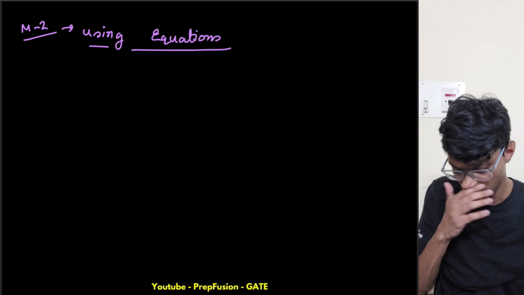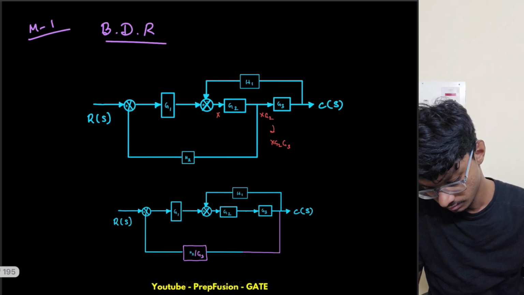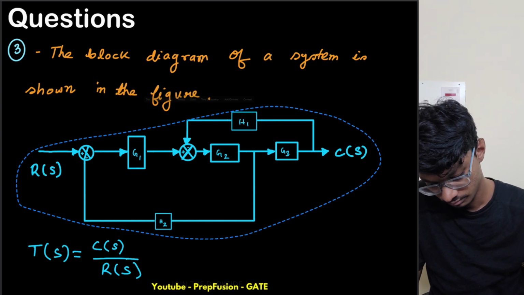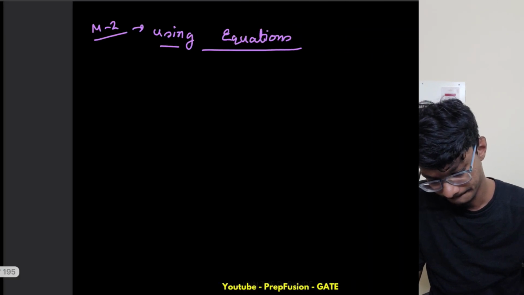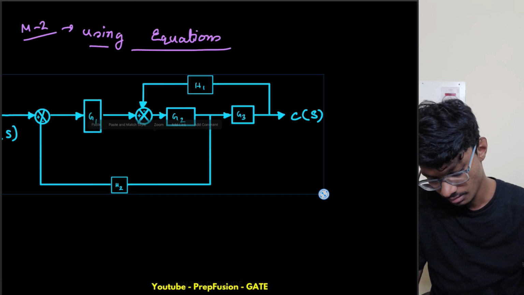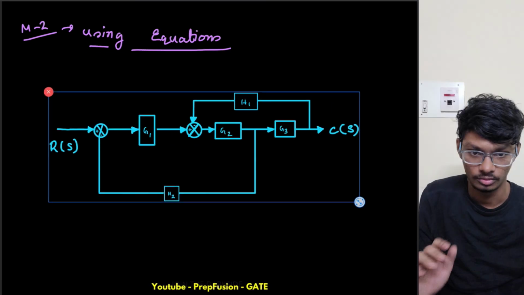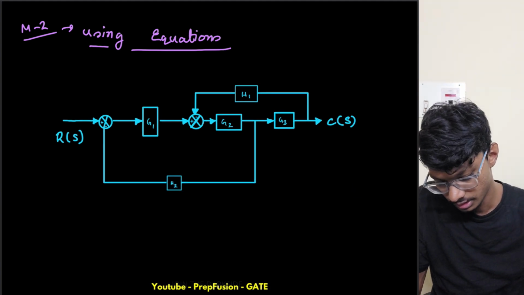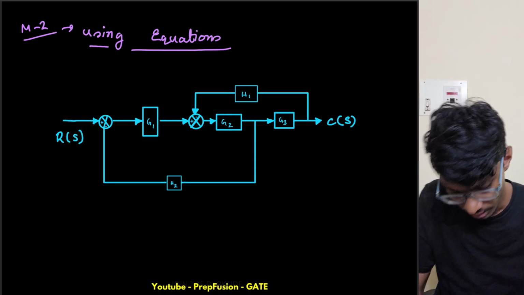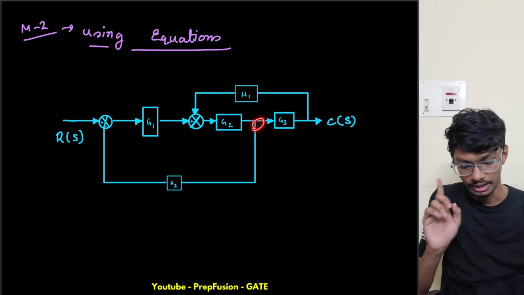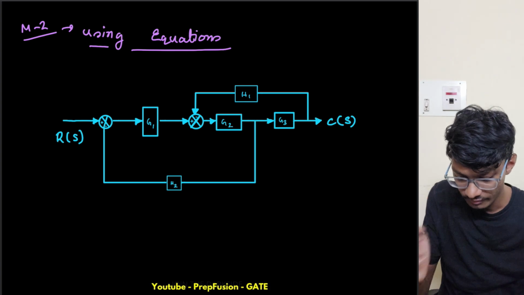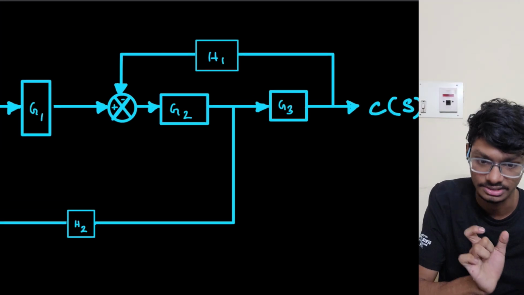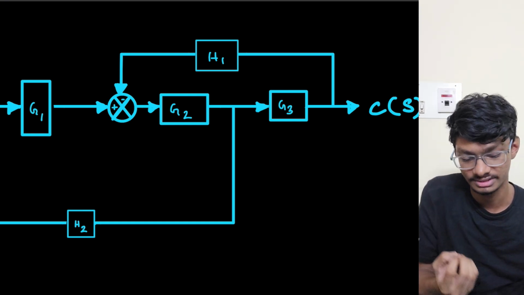I will again copy this whole block diagram. Now what are the known terms to me? Here I have R. I don't know what the term is here, but I know this term C. If I assume this as X, I can directly write here C by G3, but you will ask me how is this C by G3.